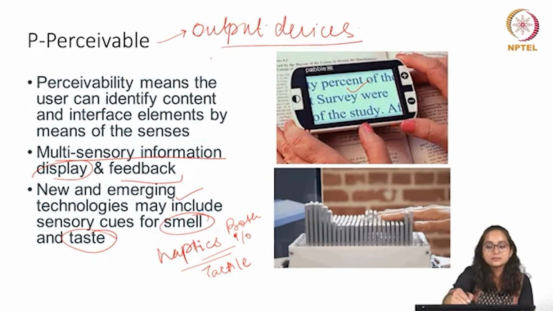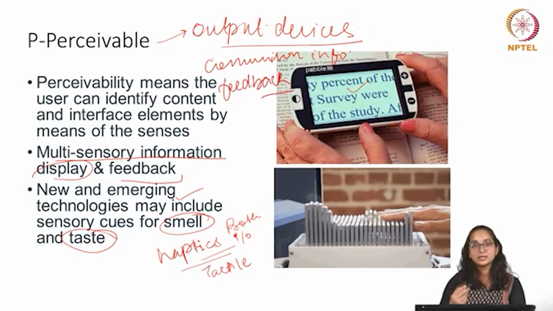So, one is communication of information and also feedback, sharing feedback with the user. So, what falls in the information category and what falls in feedback?